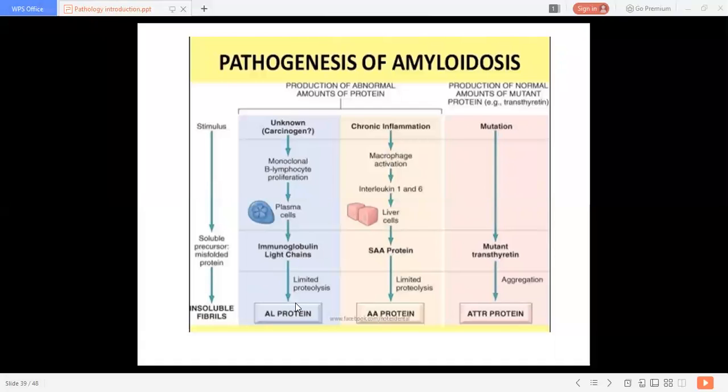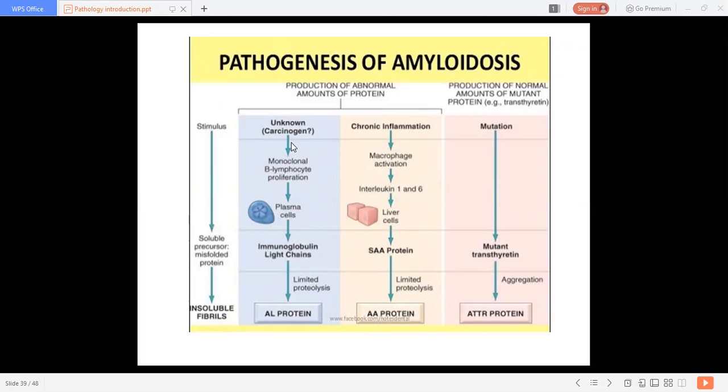Pathogenesis of AL amyloid. According to the pathogenesis, there must be some stimulus for formation of this amyloid, that is for the precursor protein. Then there are increased soluble precursor proteins.